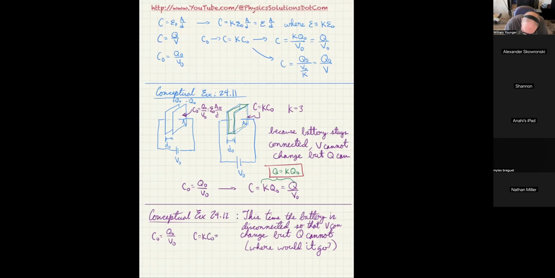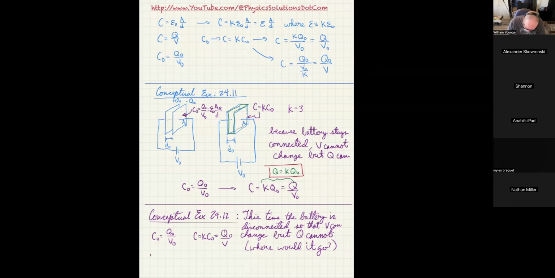And this has to be equal to the new Q over the new V. But since we know for a fact that the battery is disconnected, then we know the voltage can change, but the charge can't. So I'm going to put the actual Q to be Q0.